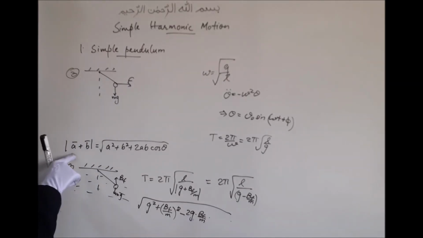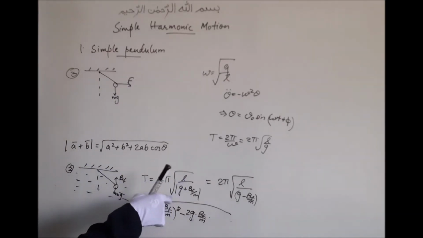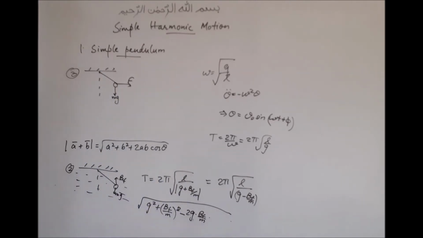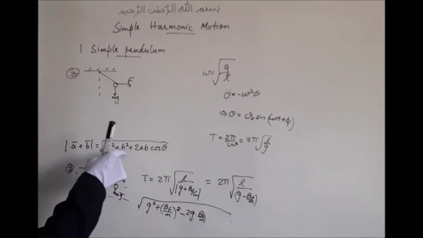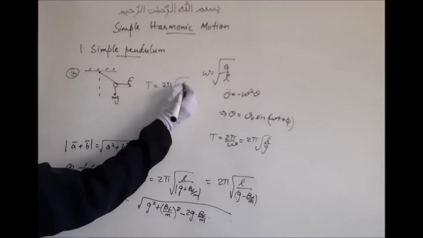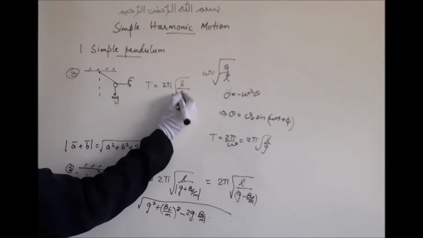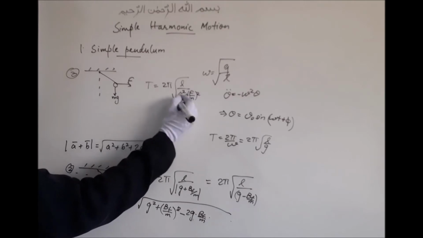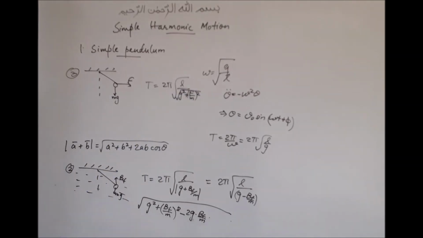So again we'll have the same formula, 2 pi root of L by G plus this thing. Here theta is going to be 90, cos 90 is 0, we'll have just A squared plus B squared. So here time period is going to be 2 pi root of L by root of G squared plus F by m the whole squared. That's it.